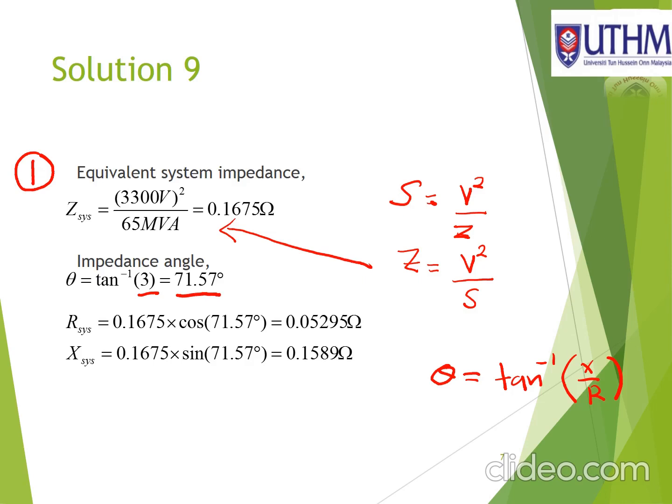Then we have to calculate R system and X system. R is equal to Z cos theta, and X is equal to Z sin theta. We insert all the values and we get R system and X system.